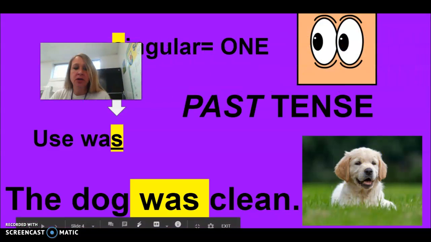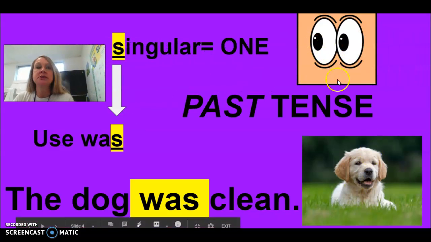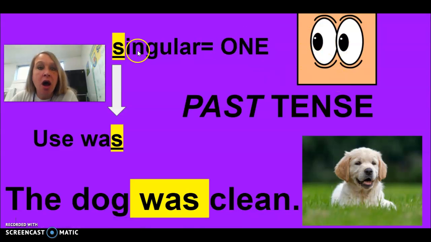So if you look, I see something familiar. If it's singular, that means one, and it's past tense, you have to use was.